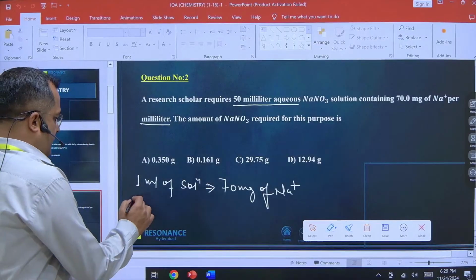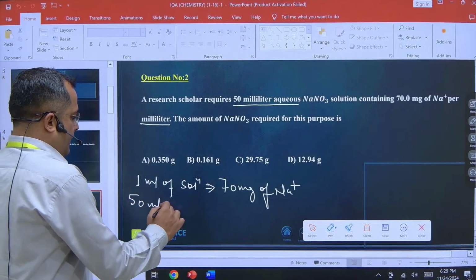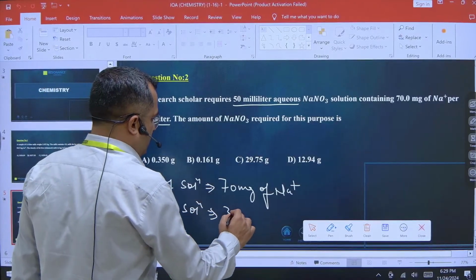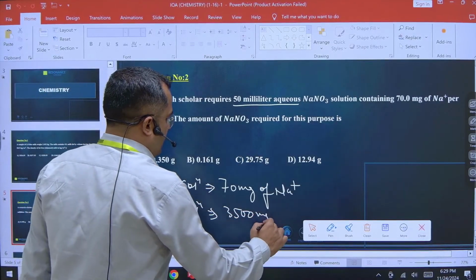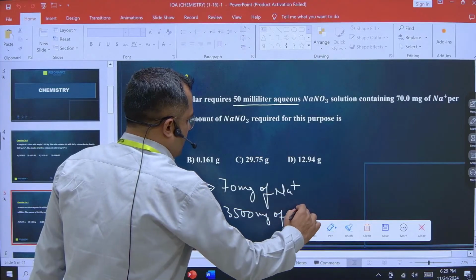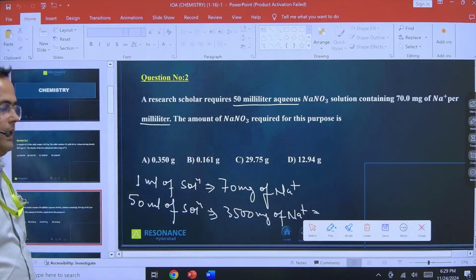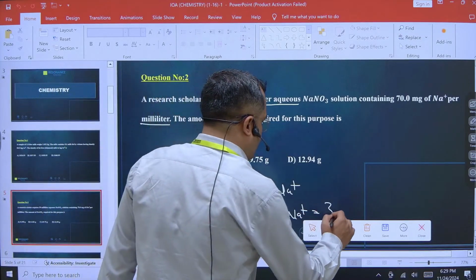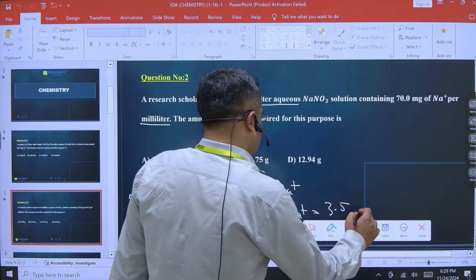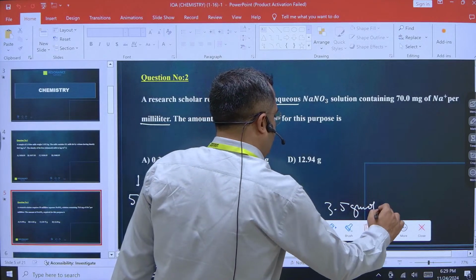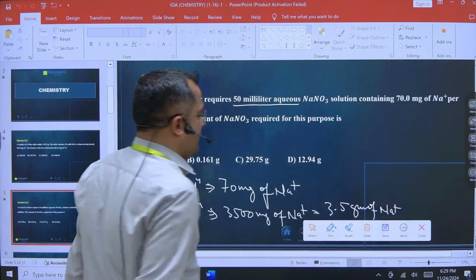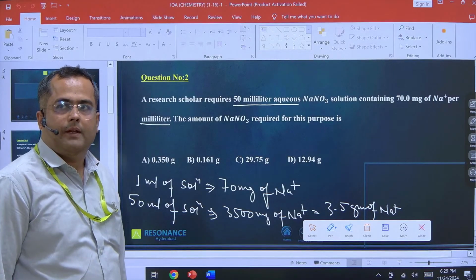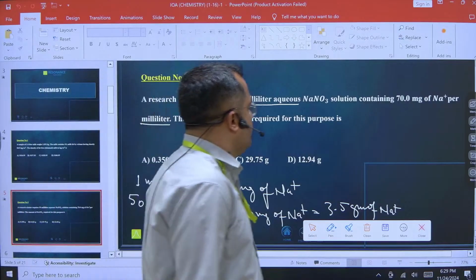50. So we can write 50 ml of solution will be equal to 3500 mg of Na plus, and 3500 mg of Na plus is equal to 3.5 gram of Na plus here. So from here 3.5 gram of Na plus, we can calculate its mole.